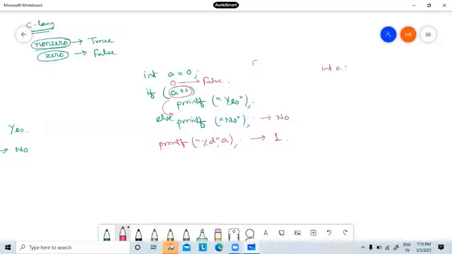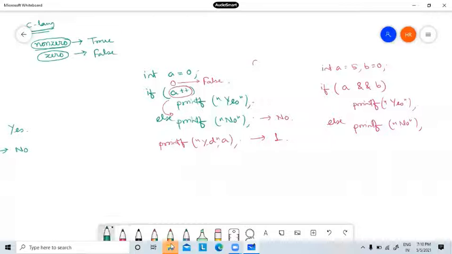Similarly, suppose int a equal to 5, b equal to 0, and I'm writing if a and b printf yes, else printf no. What is the output? See, take the value of these two. The value of a is 5, a non-zero value, which means true. Then b is 0, which means false. Now what is the meaning of this logical AND gate?